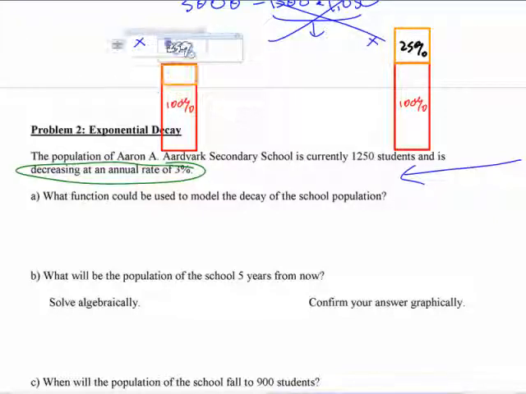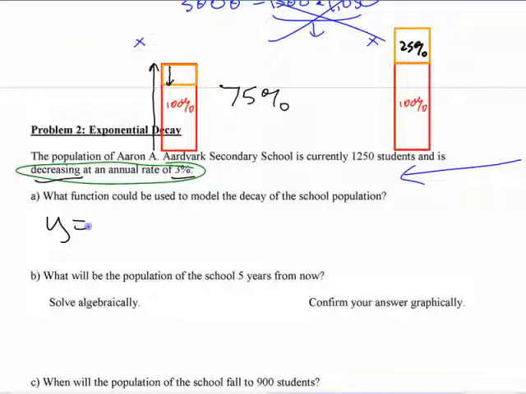Now, it's not 25% more. It's going to be, if it was the Pringles can, now 25% less. What percent do we have? If you've gone up to 100% and then down 25%, what percent do you have left? 75%. If you're decreasing at 3% per year, you have to think about in your model function, you're still going to write it as some starting number times some kind of rate to the power of whatever the time is.